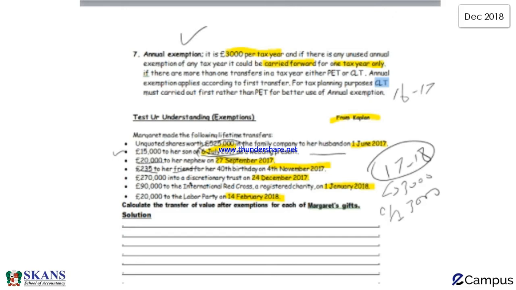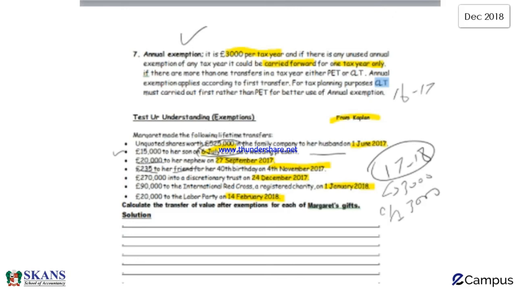Then 270,000 to a discretionary trust on 24th of December 2017. Now that's a CLT which she made, and once again, as we have used the annual exemption of this tax year already, 270,000 is the transfer value and is also the chargeable amount. Then 90,000 to International Red Cross, a registered charity, on 1st January 18.